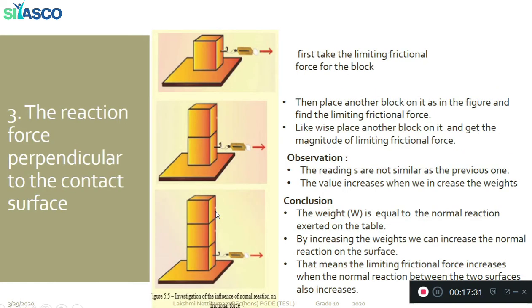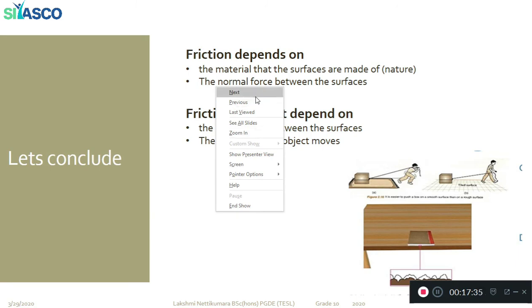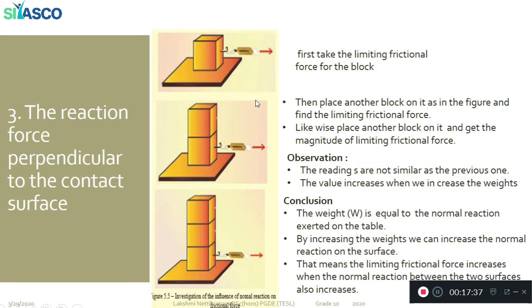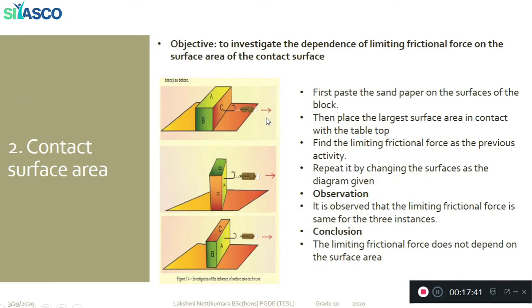First place the sandpaper on the surfaces of the block, then place the largest surface area in contact with the tabletop and find the limiting frictional force as in the previous activity. You have to repeat this activity by changing the surface areas as in the diagram given.